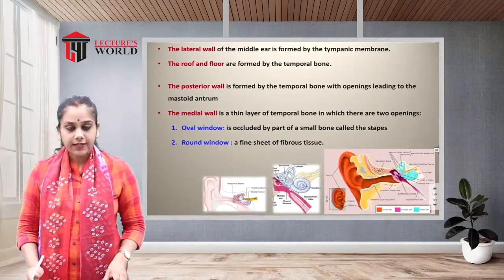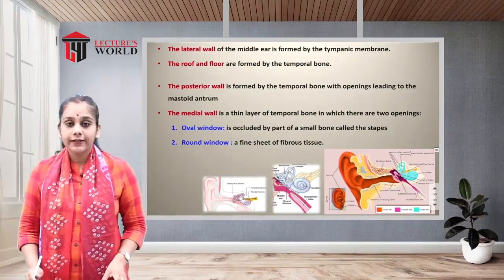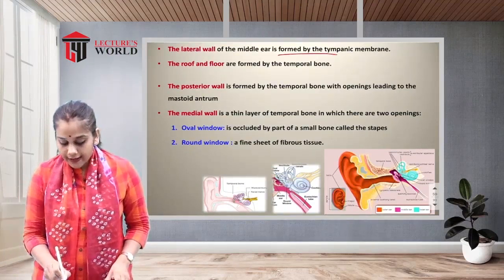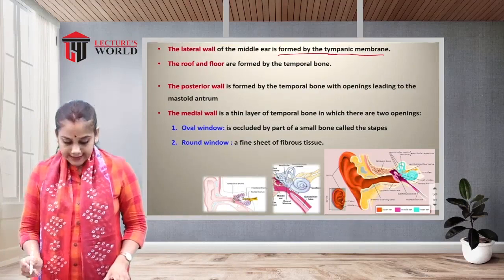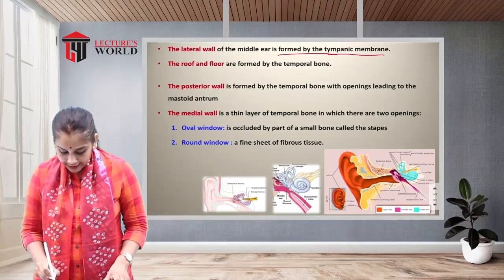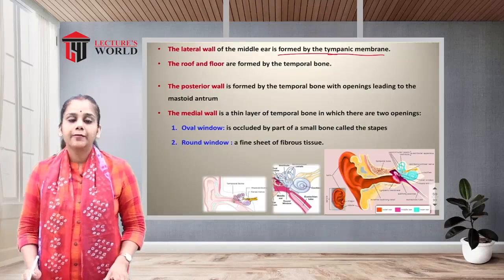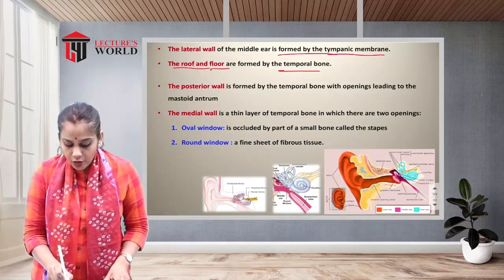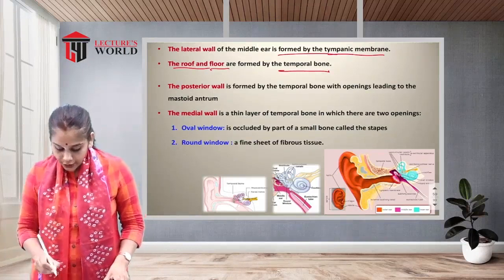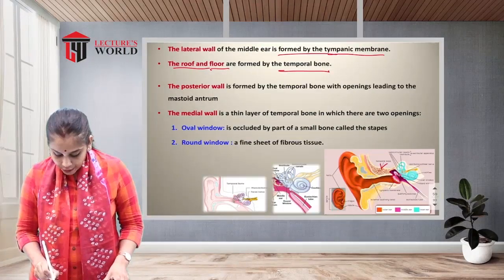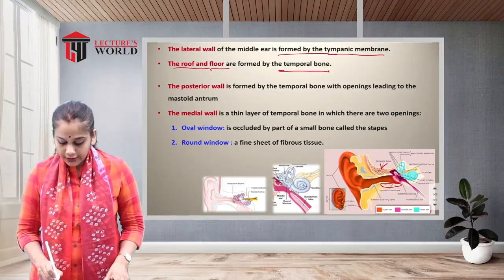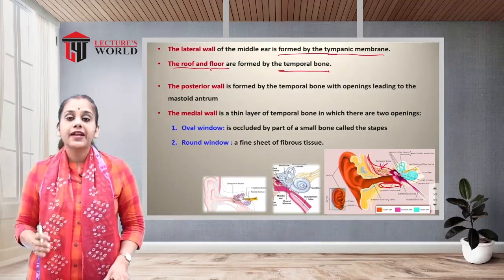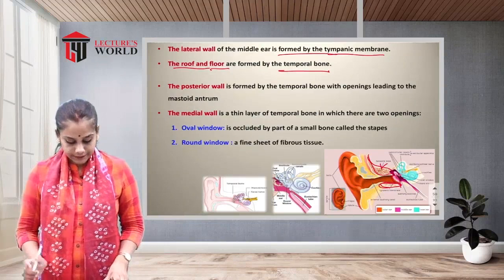Now we will see the walls. The lateral wall of the middle ear is formed by the tympanic membrane. The roof and the floor are formed by the temporal bone. You can see in the figure, this is the temporal bone.